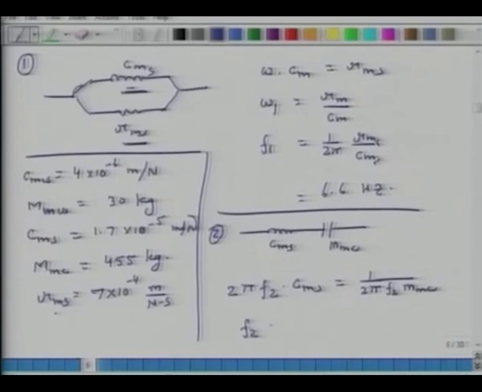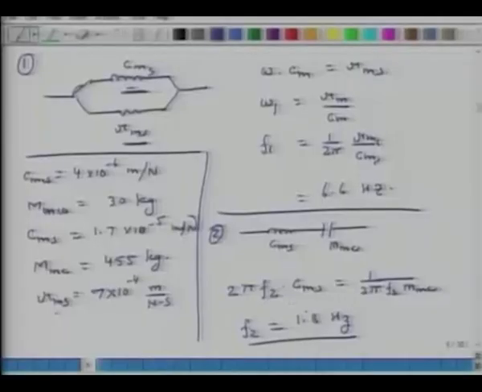So F2, when I solve for it, is 1.8 hertz. So in my Bode plot, there will be another break at 1.8 hertz. As I am developing a Bode plot, which will happen later, I should be aware that there will be something special happening at 1.8.